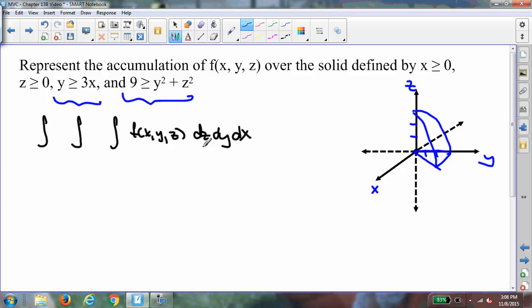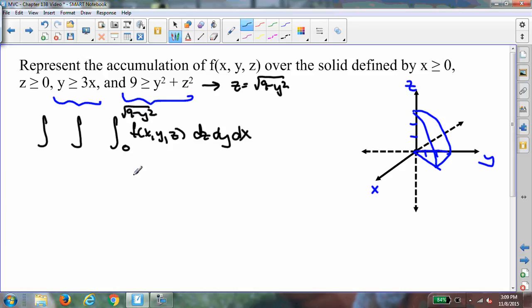Okay, so these are my inside bounds, which would be from surface to surface. So the lower surface for z is z equals 0, and the upper surface is being defined by the cylinder. So if I solve for z, z equals the square root of 9 minus y squared. So my upper bound for z is square root of 9 minus y squared.